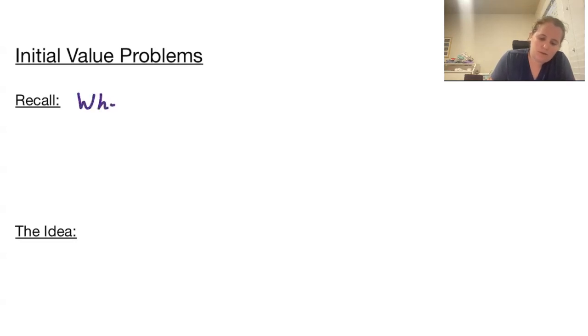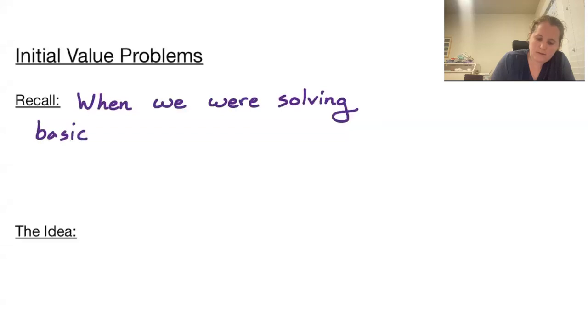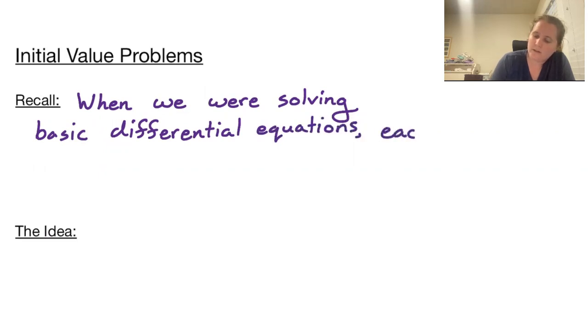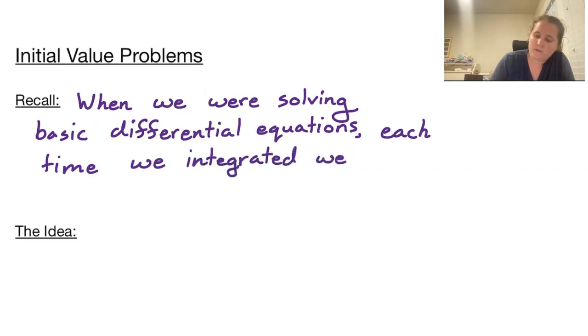So when we were solving basic differential equations, each time we integrated, we introduced a constant.